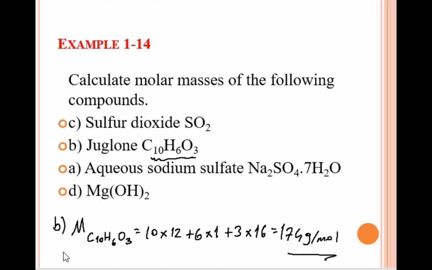The molar mass of juglone is equal to 174 grams per mole.